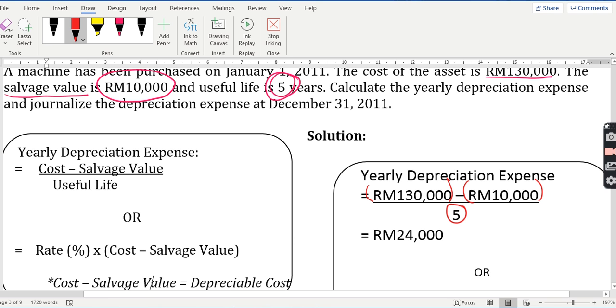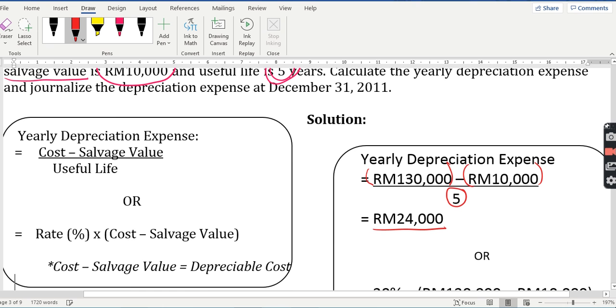So the depreciation for this particular asset for that year and each year after until the 5th year will be 24,000. This is the depreciation for 1 year, that is 12 upon 12.